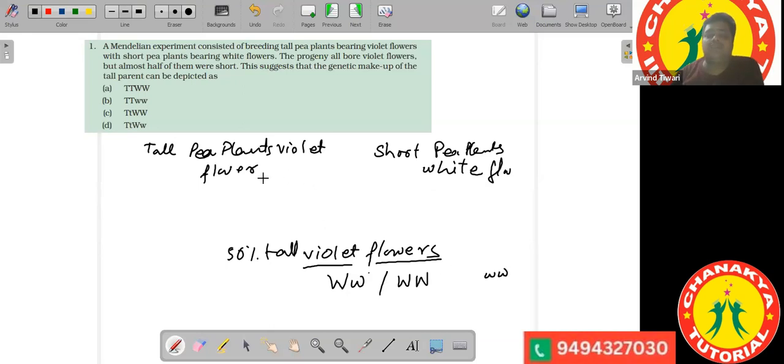That means the tall parent will have only violet flowers. It has the genetic makeup of violet as only W and W. There are no alleles present for the white flowers in the tall plant.